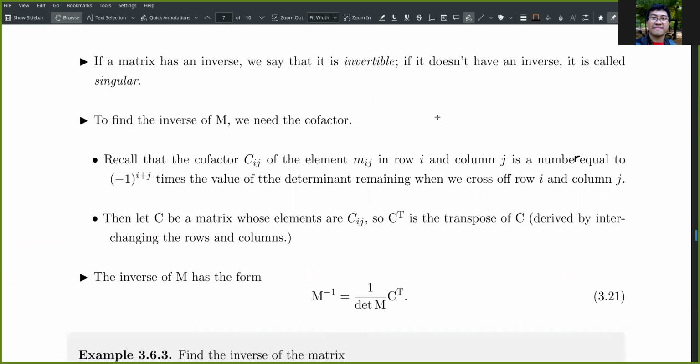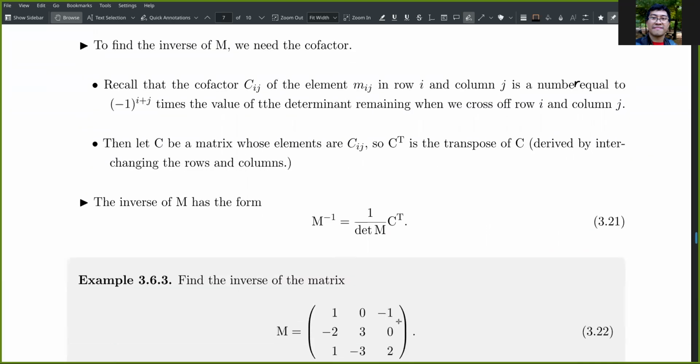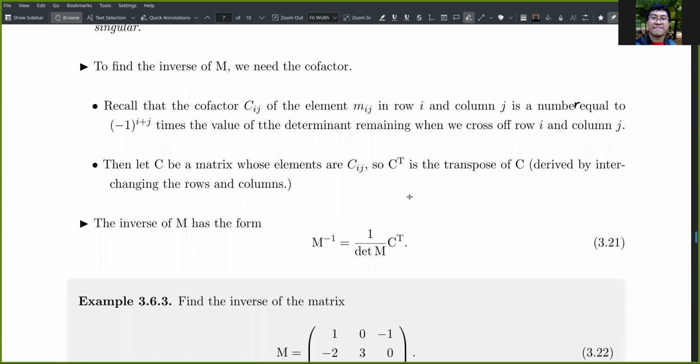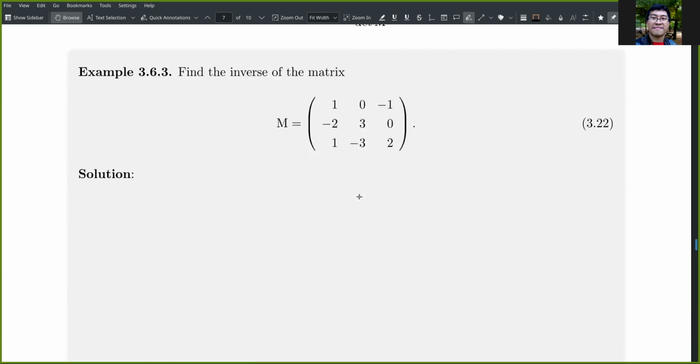Suppose C is a matrix whose elements are Cij, the cofactors. Ct is the transpose of C, where we interchange the rows and the columns. The inverse of M would be 1 over the determinant of M times Ct. The determinant of M can also be determined by the cofactors.